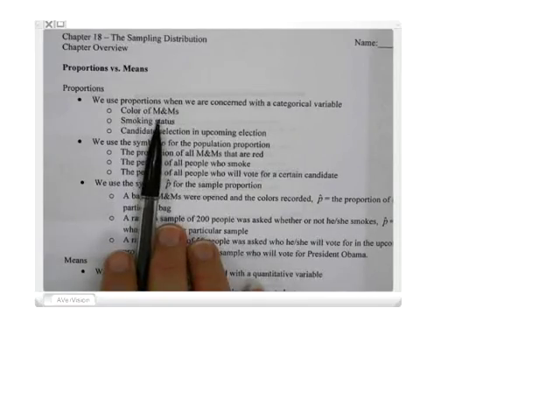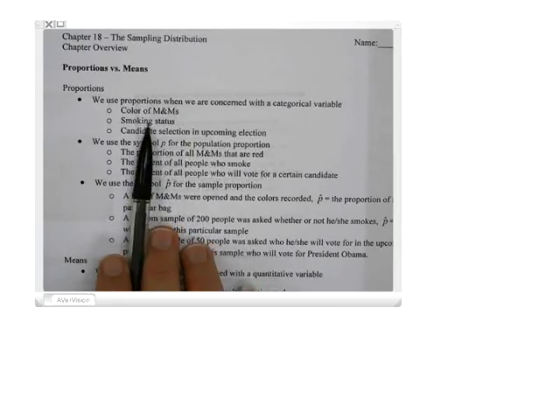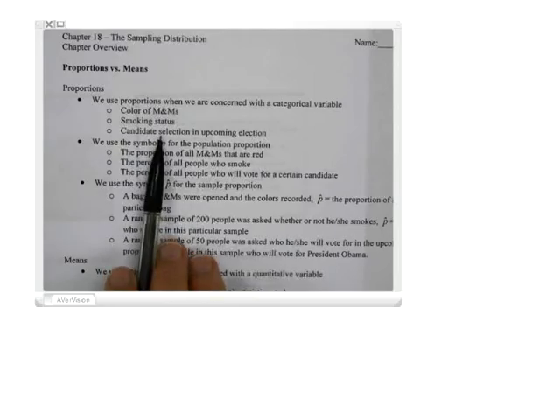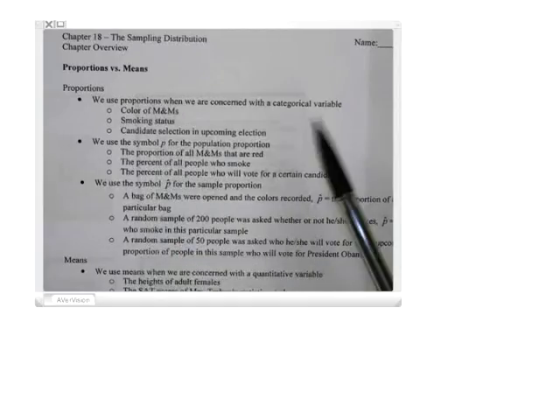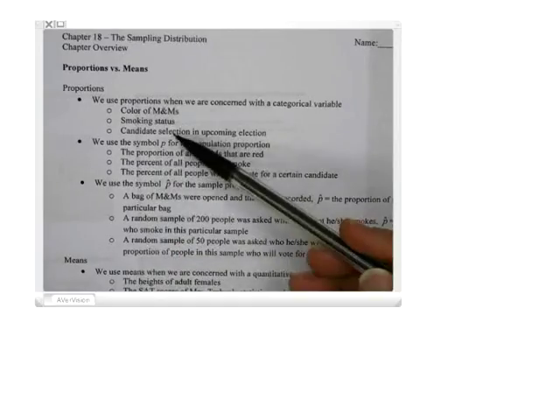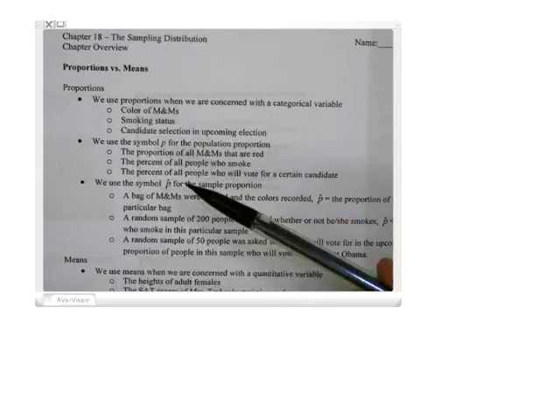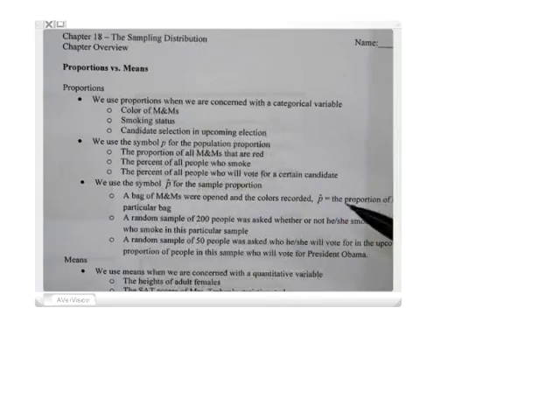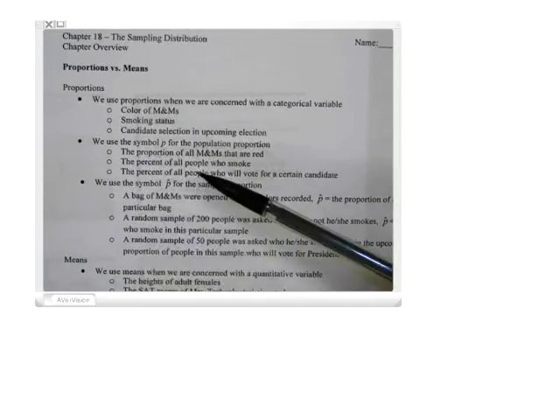I can count the number of M&Ms for the binomial model, which is what we just did, or how many people smoke or don't smoke, or how many people will vote for somebody in the next election. But if I take the number of people, and that's the success, and then divide it by n, I'm creating a proportion. So the binomial model leads us straight into calculating a proportion.